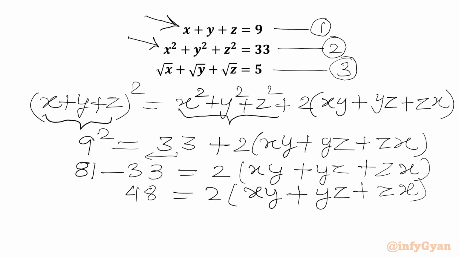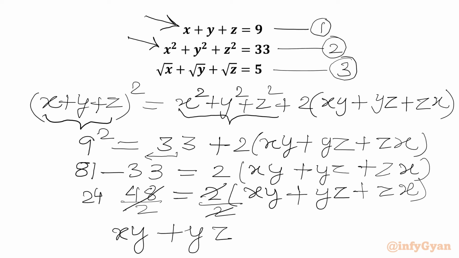Now we will divide both sides by 2 to get the value of xy + yz + zx. So 48 over 2 is 24. 2 and 2 will cancel. We will get xy + yz + zx = 24. Let's say this is our equation number 4.